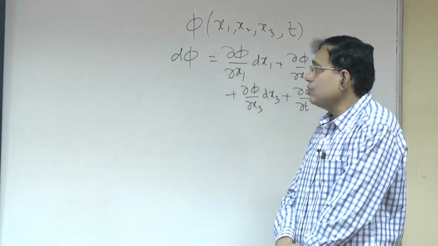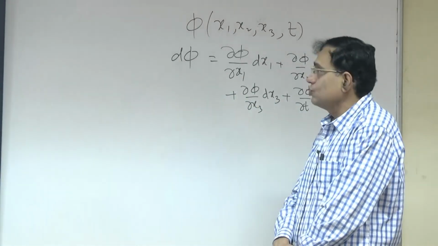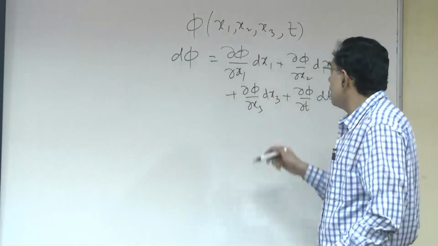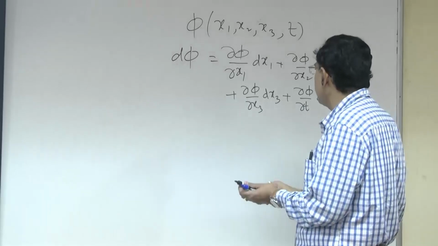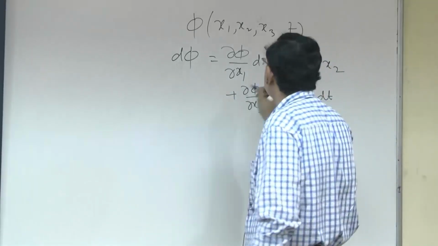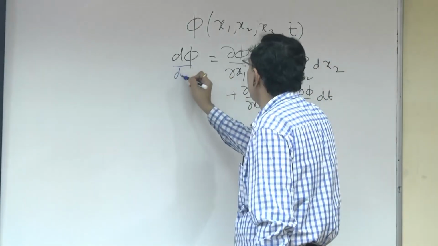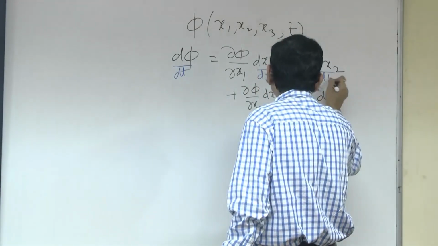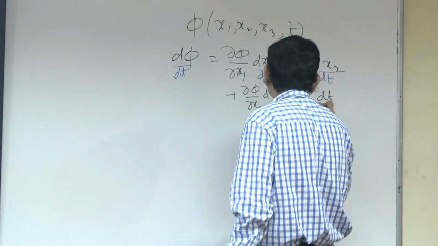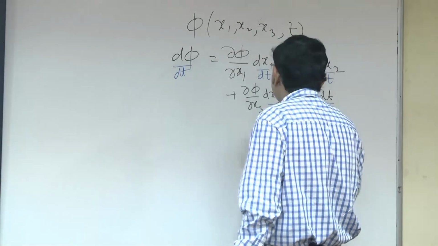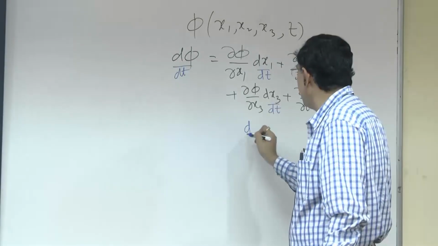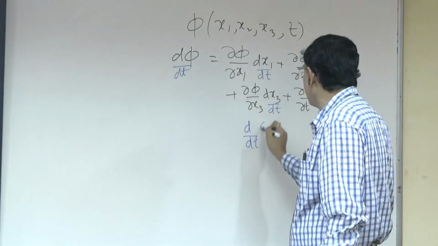Now if you are finding the rate of change with respect to time, this will become dx1 dt, as if you are doing the ordinary derivative. We have to remember that it is not like dividing. It looks like dividing, but d dt or d dx, whatever, is an operator.